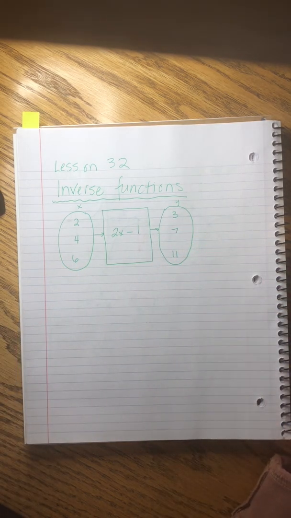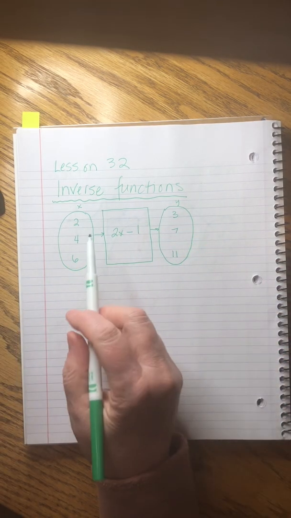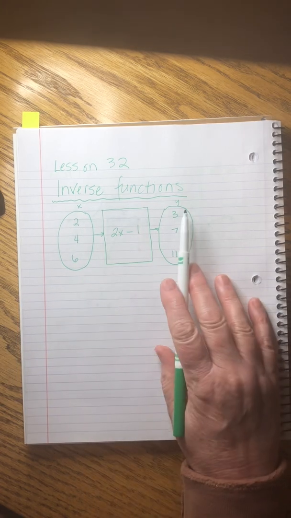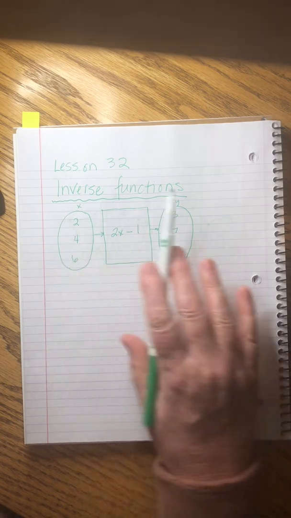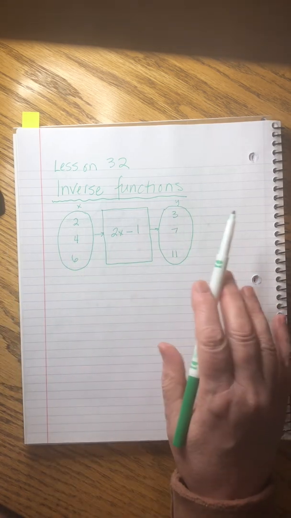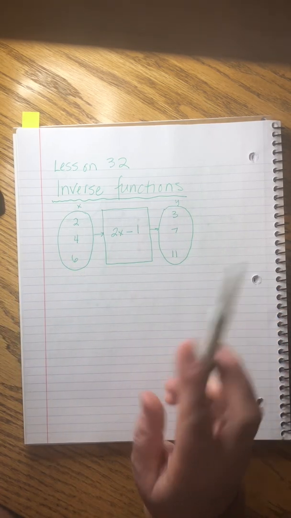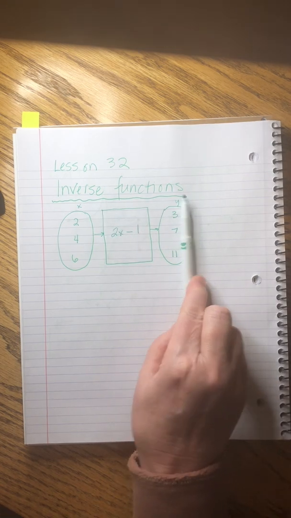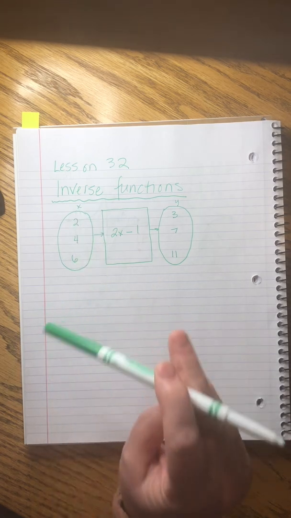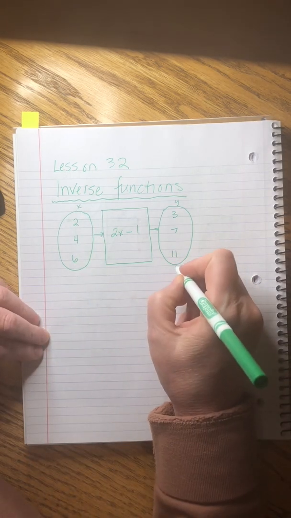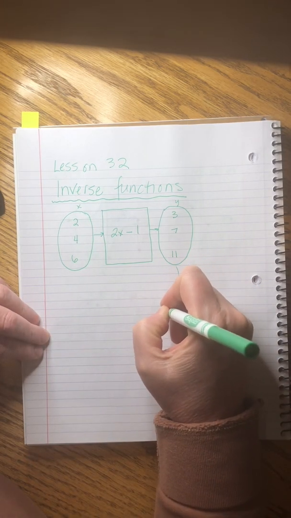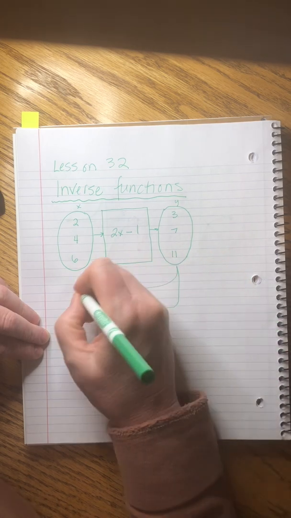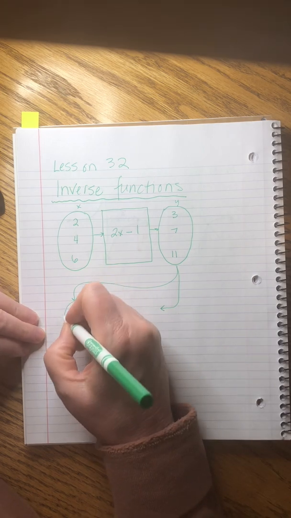Okay, so this is a function. We have a one-to-one mapping between our independent variables and our dependent variables, our domain and our range. Everything's in order. It looks good. But what if we wanted to find the function that would let us go from these numbers to these numbers? That's what's called an inverse function.